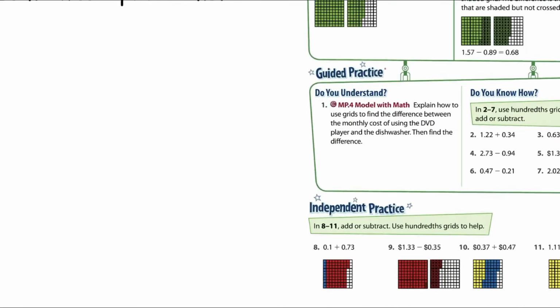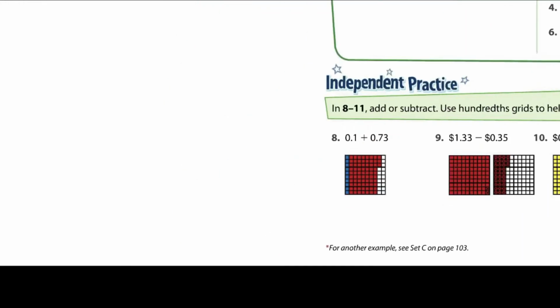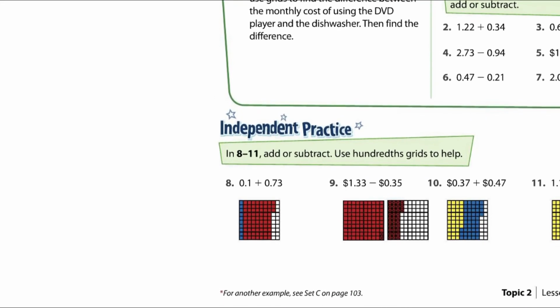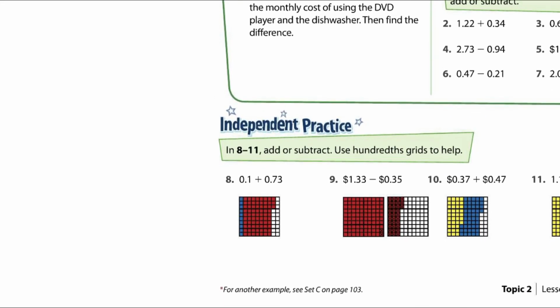I'm just going to make this bigger so you can see it. So in this picture, all you have to do is count 1 tenth plus 73 hundredths: 10, 20, 30, 40, 50, 60, 70, 80, and 81, 82, 83. And that would be 83 hundredths.